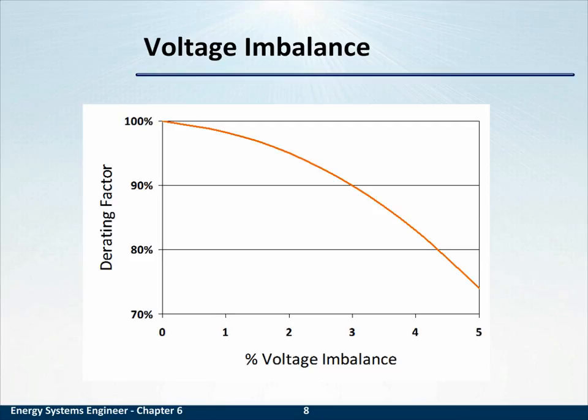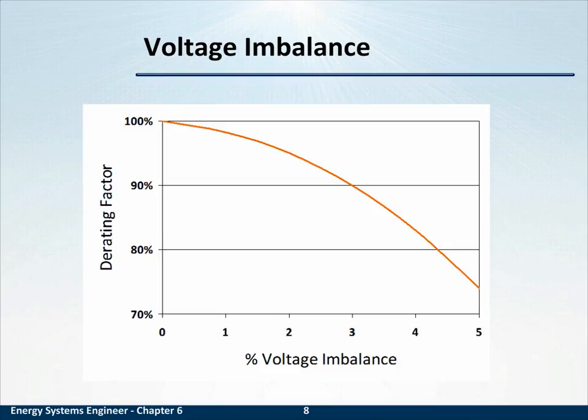The voltage imbalance or unbalance is defined as the maximum voltage deviation from the average voltage. How far away is the maximum deviation from average divided by the average? And what this graph shows you is what effect does voltage imbalance have on the motor rating.